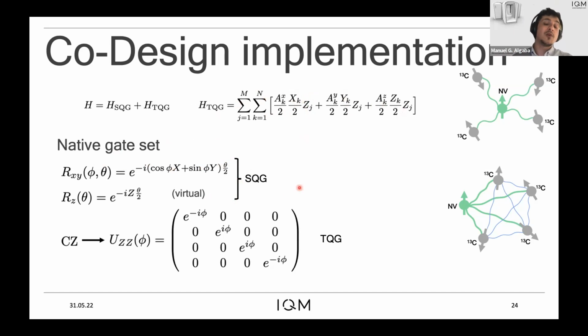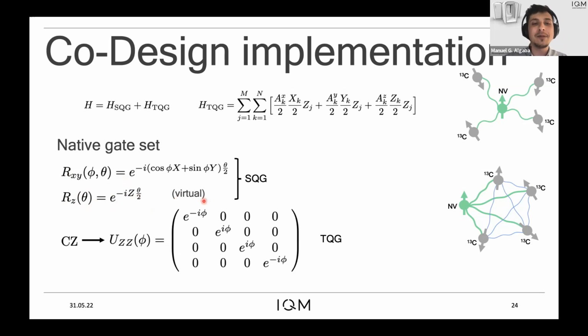And I think this is more or less generic in superconducting qubits, that you can find these kinds of single qubit gates. One is a parameterized rotation along some axis in the XY plane, and the other is a rotation along the Z axis. But the good point about this second one is that it's a virtual one.